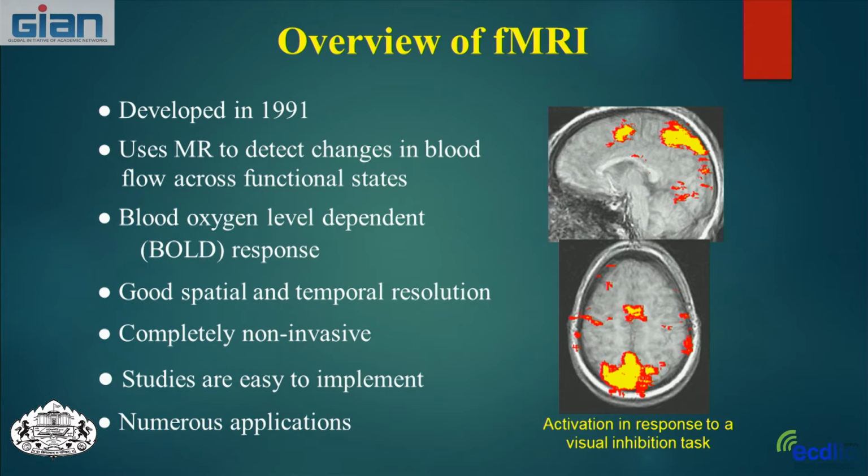We don't need any kind of dye. So one benefit is that we're generally allowed to study children with it, and we can study different clinical populations that we may not otherwise be able to study if we had to use invasive methods. The studies are fairly easy to implement, which makes it ideal for designing studies and recruiting subjects to come in. And there are numerous applications that we can use with this technique.